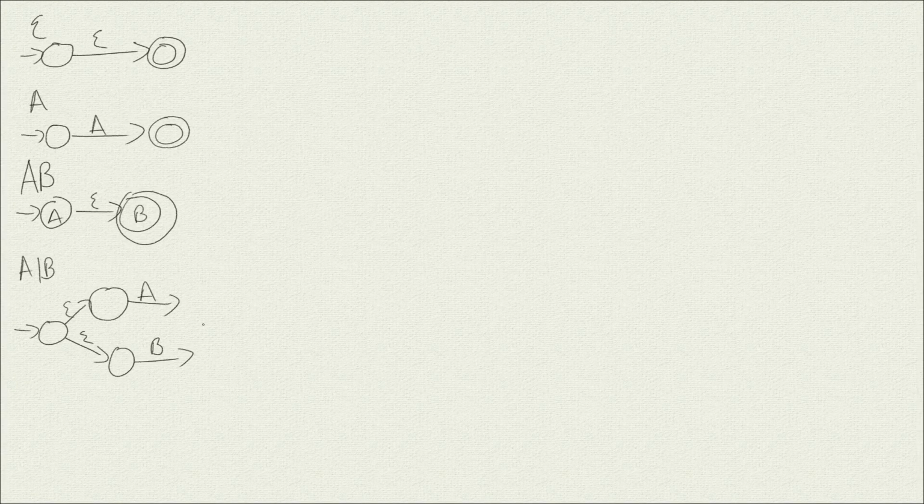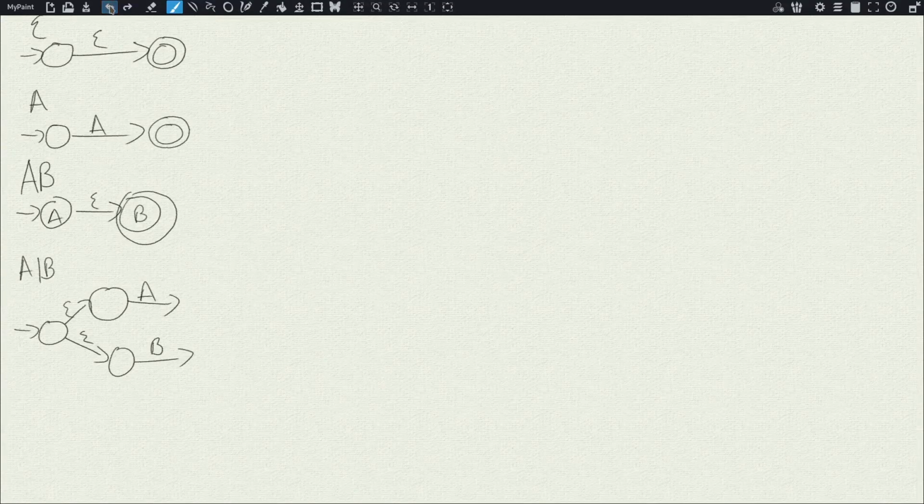Sorry, apologies. We're trying to use patterns here. So what I'm going to do is call this the pattern for A, then I'm going to call this the pattern for B, then I'm going to say with epsilon.